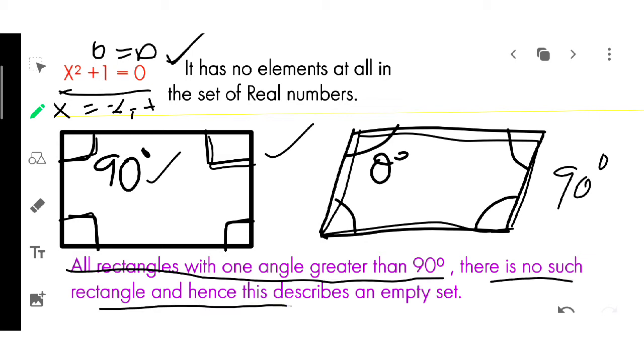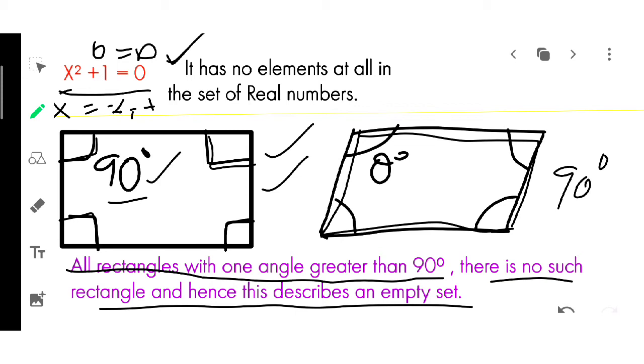There is no such rectangle, and hence that describes an empty set. We cannot consider a rectangle which has more than 90 degrees, because the rectangle itself is a shape having adjacent angles of 90 degrees only.